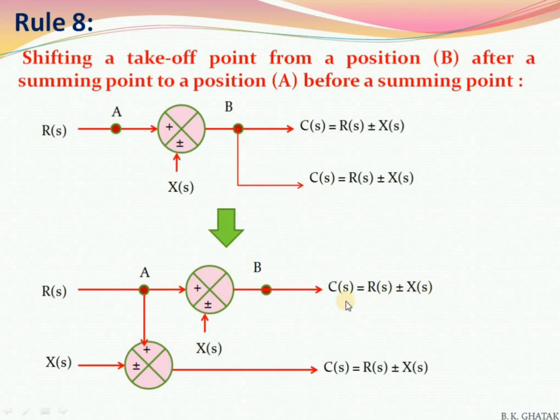Clear? So we have another CS equal to RS plus minus XS. So we need another summing block, and we apply RS here also and XS here also. Clear? And then we get from the new summing point output as CS equal to RS plus minus XS.